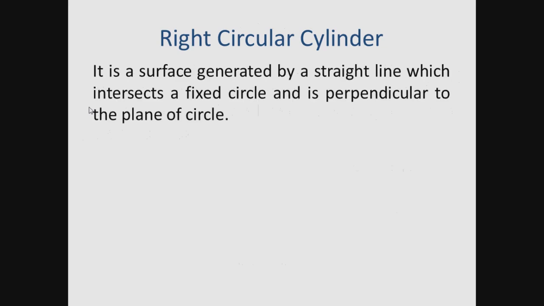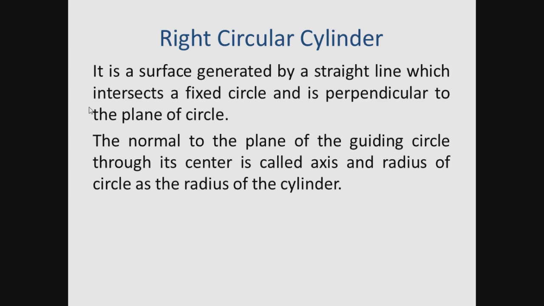There is one special type of cylinder that we call a right circular cylinder. It is a surface generated by a straight line which intersects a fixed circle and is perpendicular to the plane of the circle. The normal to the plane of the guiding curve through its center is called the axis, and the radius of the circle is the radius of the cylinder.